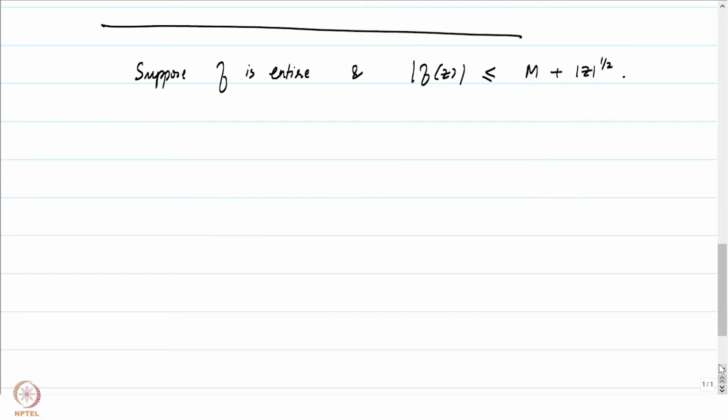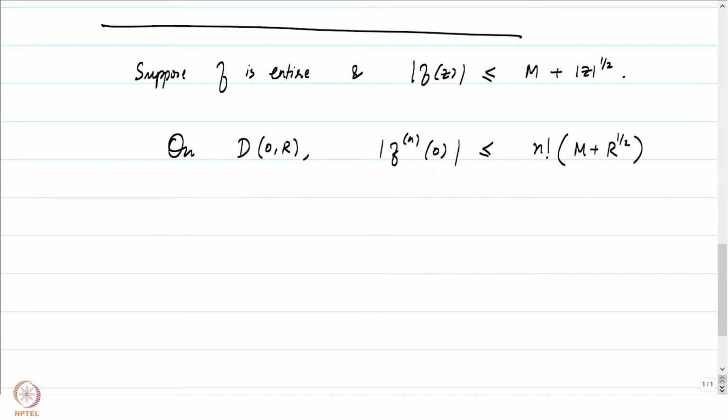The proof is actually very similar to how we proved Liouville's theorem. On the disk of radius R around 0, by Cauchy's estimates, the absolute value of the nth derivative of f at 0 is less than or equal to n factorial times the absolute value of f on the boundary, which is less than or equal to M plus capital R to the power 1 by 2, divided by R to the power n.